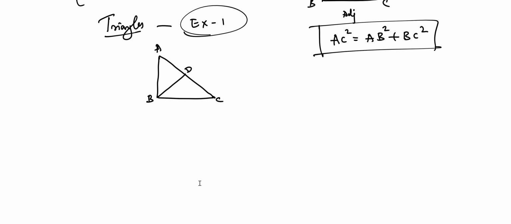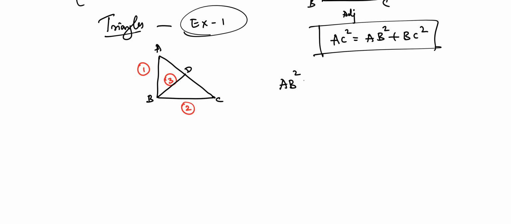What are the 3 new formulas? Remember this logic. See here. AB I will call the first side. What is AB? First side. BC second side. BD is my third side. The new formulas are, if you want the first side, keep the first side as it is. Do square.